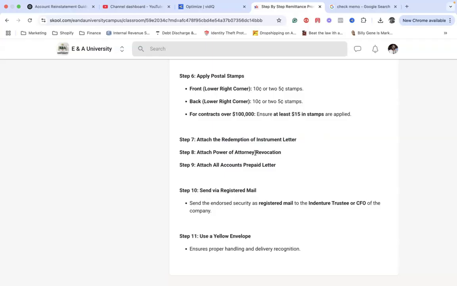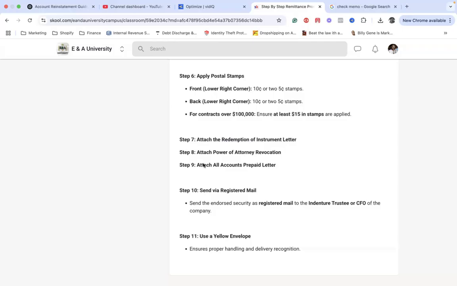The power of attorney is to get rid of their ability to control the account. And then this redemption of instrument letter is basically like a cover letter. We're introducing the fact that you are attempting to do this. And in order for it to be properly executed, you're telling them what they need to do based on the laws that you're following. So that's what the redemption of instrument letter is.